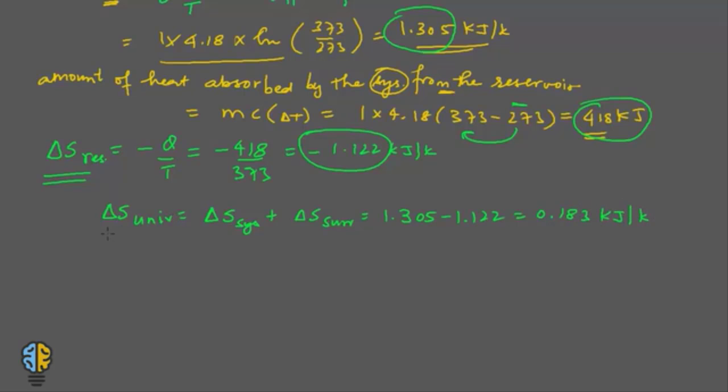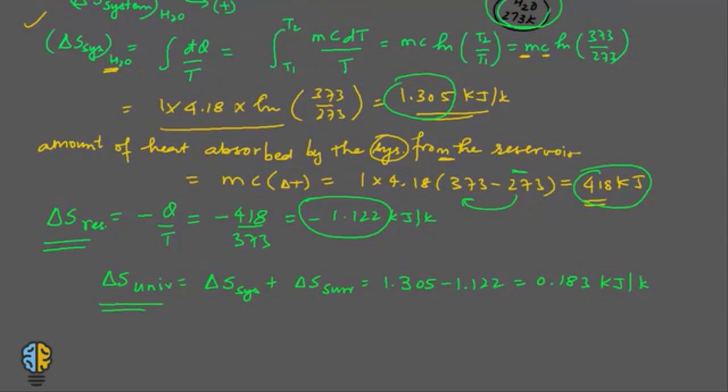So this is the change in entropy of the universe. Okay, so with this we have found all three parts of the first part of the question, that is the entropy change of the system, the entropy change of the reservoir, and the entropy change of the universe.